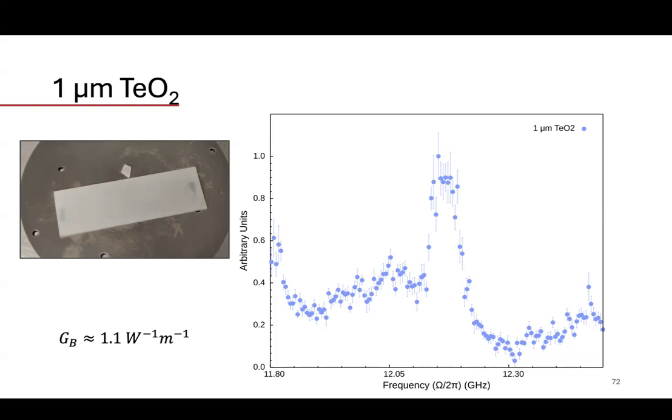So for a TeO2, tellurium dioxide crystal, we would expect a line width of about 10 megahertz. This shows a line width of about 40, maybe 50 megahertz. And so I discounted it as maybe some sort of noise or artifact in the spectra.